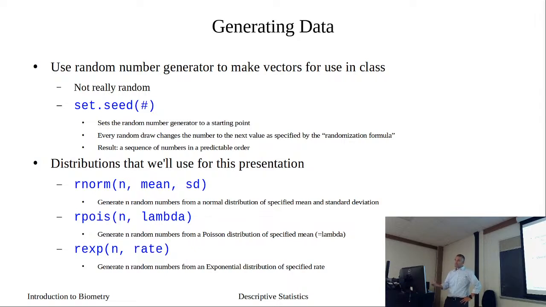We get the same numbers. So how do we do it in R? We do it with the set.seed function. It sets the starting point of a random number generator, and as long as we set the seed at the beginning, we're always going to get the same exact numbers. All right. So let's do that.